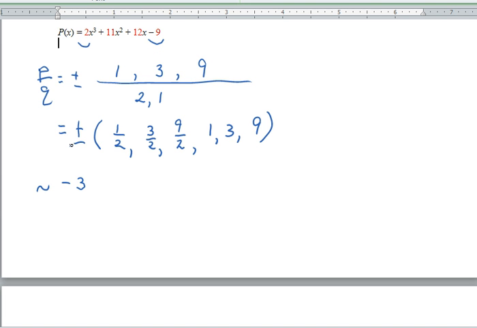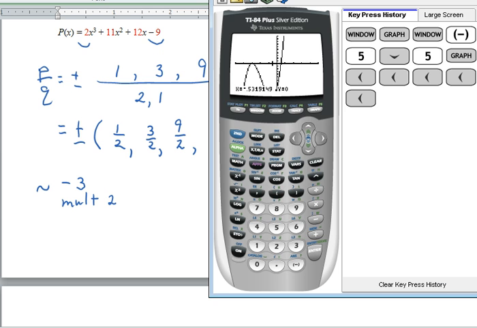And that 0 looks like it's probably got multiplicity 2 because the curve is tangent to the x-axis at negative 3. And then we've got another value that looks to be between 0 and 1.